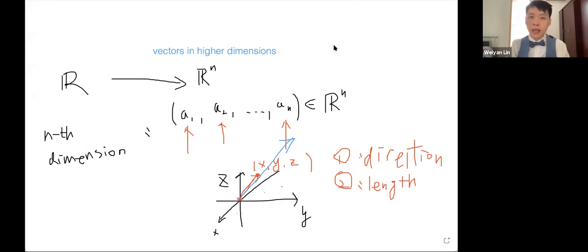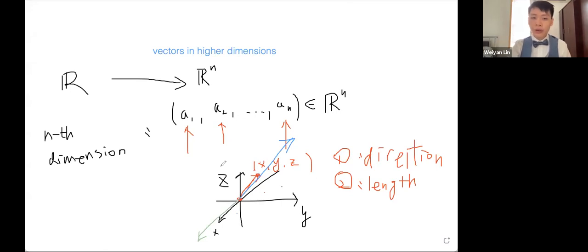Or if you push this arrow backwards, it points in the opposite direction. This will no longer be the same vector as the original, but it shares one piece of information, the direction. It points in the same or the opposite direction. Basically, these vectors lie on the same line, right?